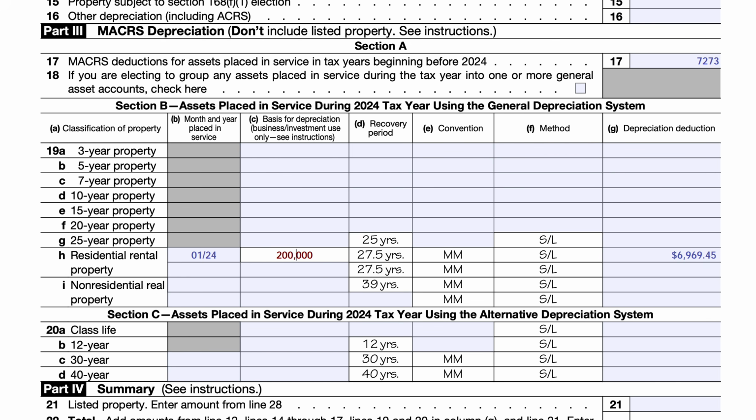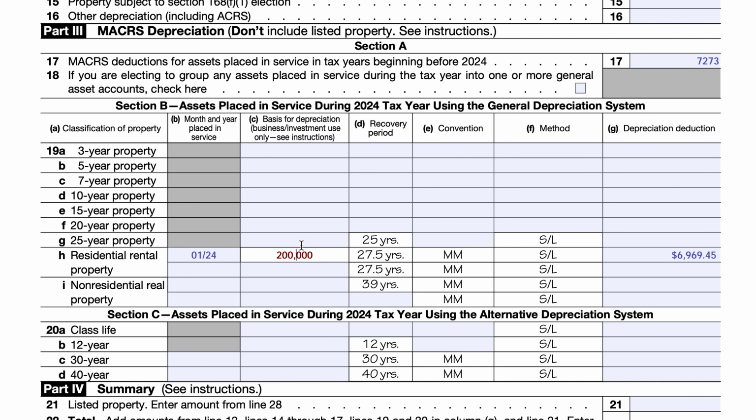Let's imagine that this property cost $250,000 all in. And from the property records, we're able to determine that 20% of the tax base is attributable to the land, and 80% is the improved value. By running through that calculation, you would assign a value of 20% to the land, which is not depreciable, and the remaining part would be your basis for depreciation.